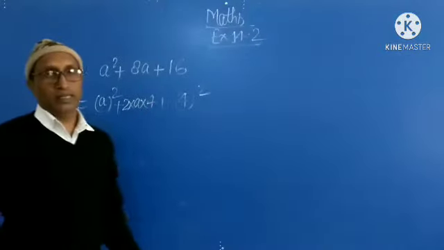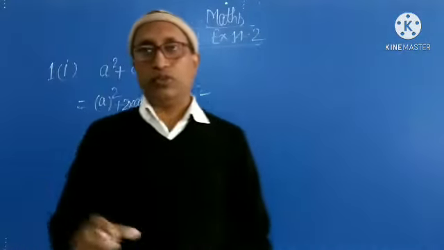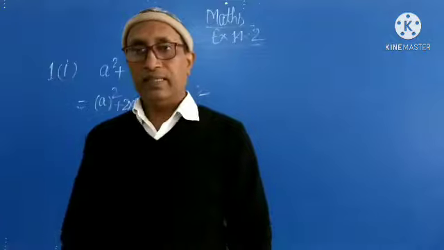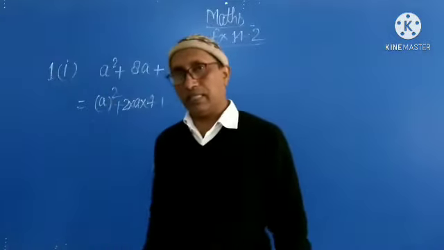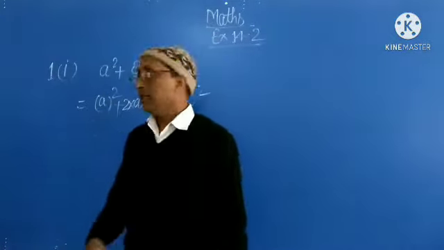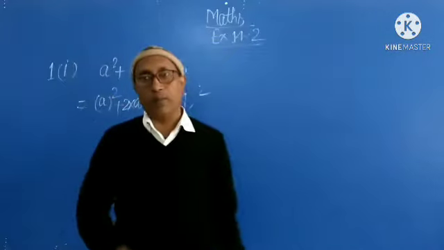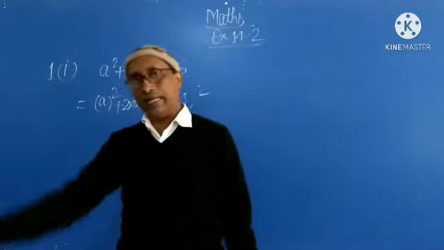When you want to use any identity to factorize the given expression, first of all you write that expression in the form of the given identity.